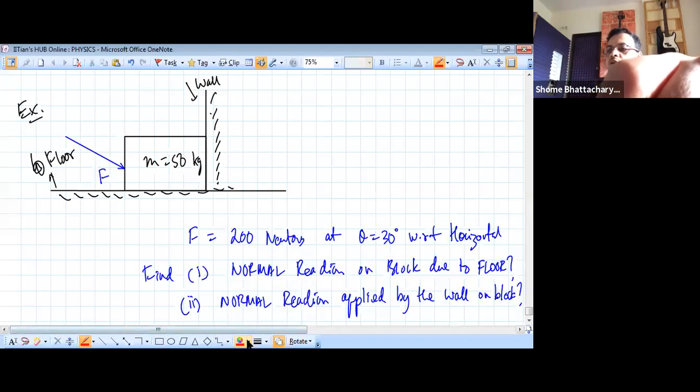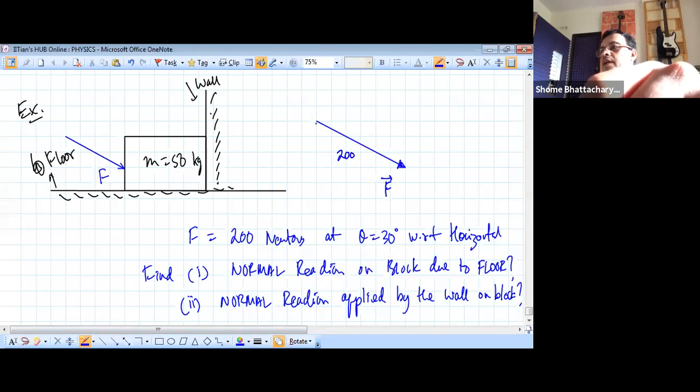So again, the main thing is resolving the forces and then balancing the net force. So to resolve this force, you need to understand that this force has a magnitude of 200 newtons, and this angle is 30 degrees.